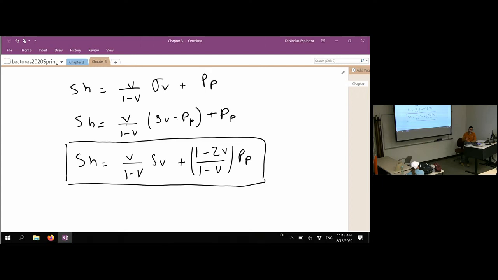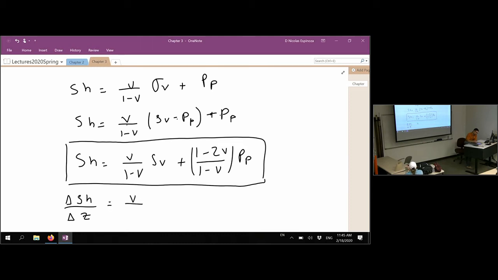But let's go one step further and let's talk in terms of fracture gradient, which will be stress divided by change of length. So if I want to do that, the definition of the fracture gradient would be the variation of this horizontal total stress with the variation in depth.